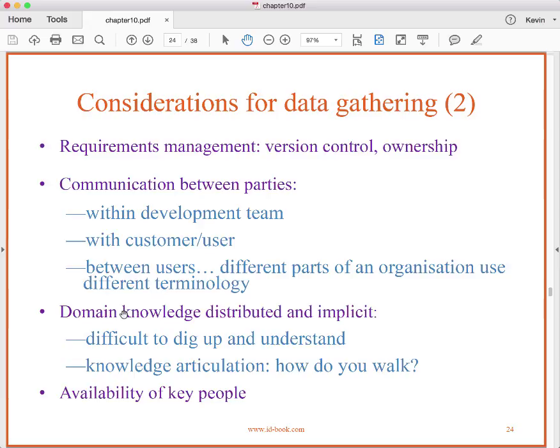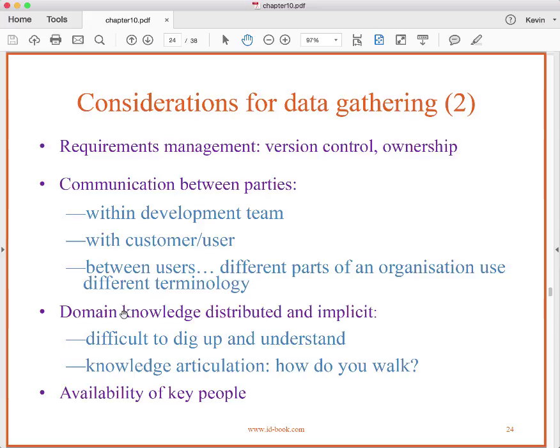So, are we going to put them under version control? We probably should. And who's going to have to sign off when those things change? Okay? So the whole change control, version control, configuration management with respect to requirements is a big issue.